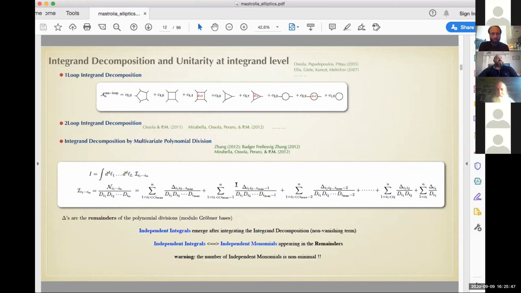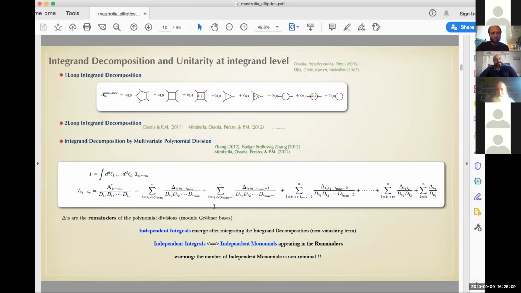This integrand decomposition has been used in several applications, in particular allowed to reconstruct efficiently the integrand, even in a unitarity-inspired way, by fitting procedure.